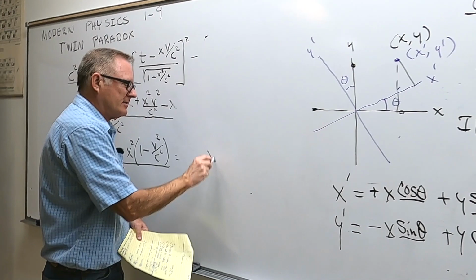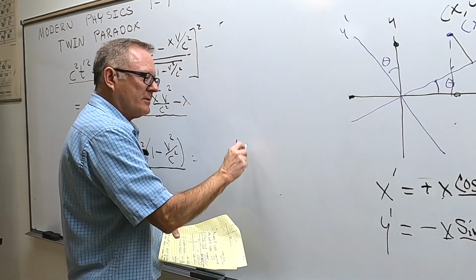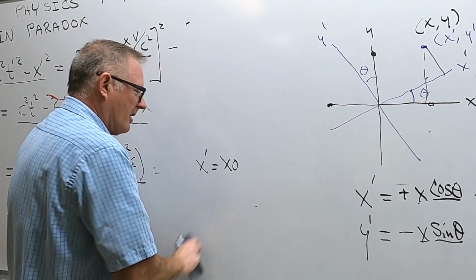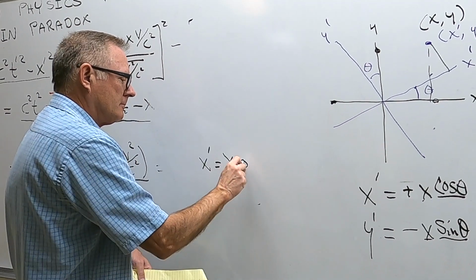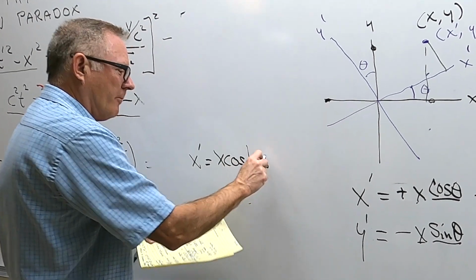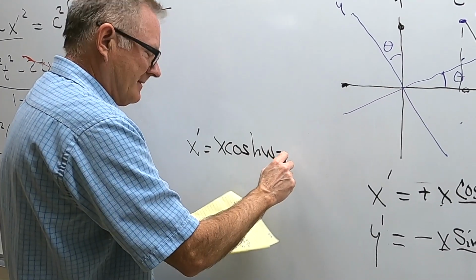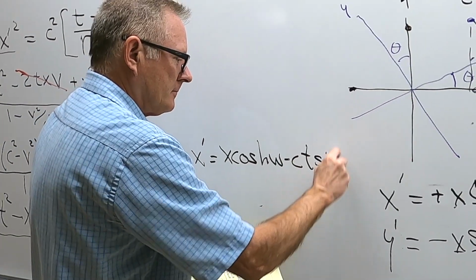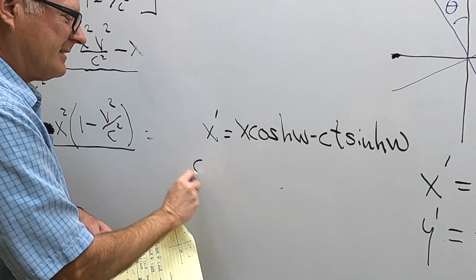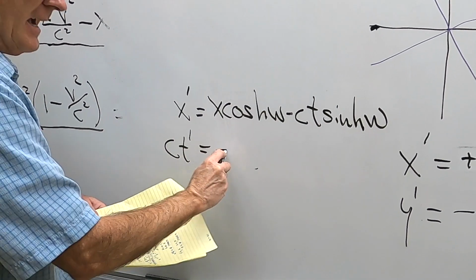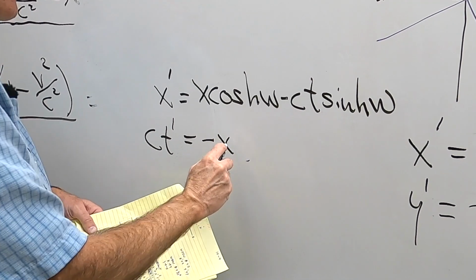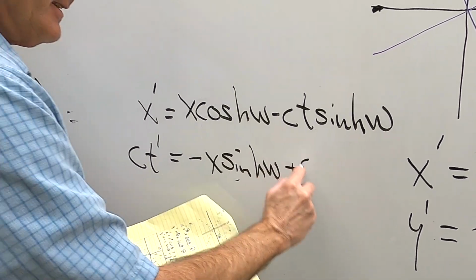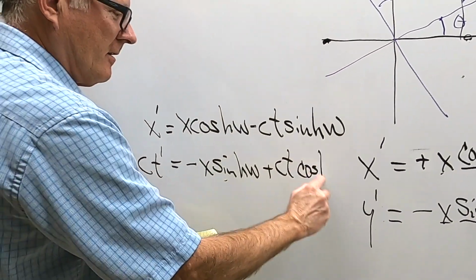We could say x prime is equal to x cosh, let's just call it w for a minute, minus ct sinh w, and ct prime is equal to minus x sinh w plus ct cosh w.